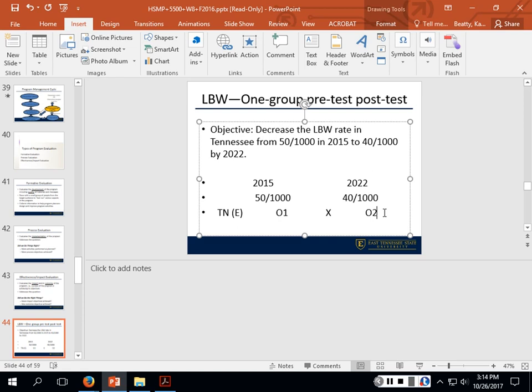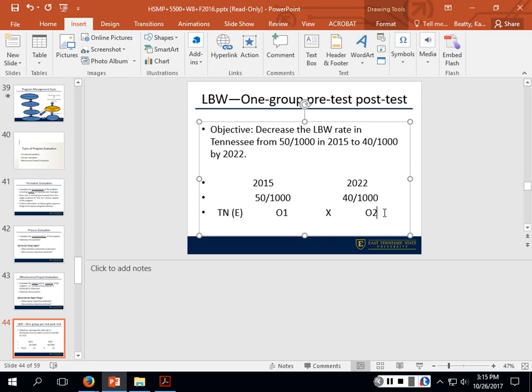Okay? So this design, the one group pre-test, post-test, for example, would be appropriate to evaluate, let's say, your process objective. That's your short-term objective. This design, however, is unlikely to be appropriate to evaluate your impact or outcome objectives that are long-term objectives, because other factors in the environment are more likely to occur the longer the time period.